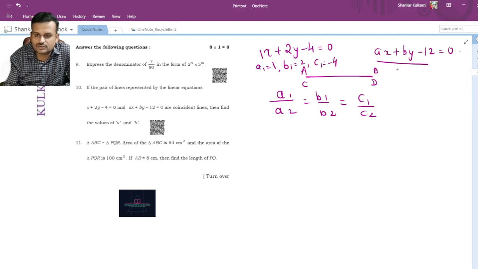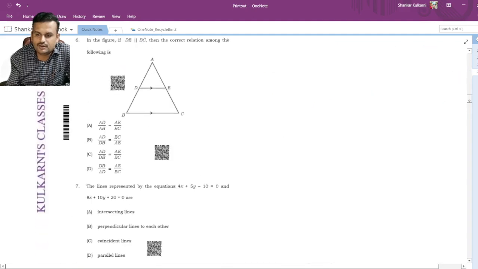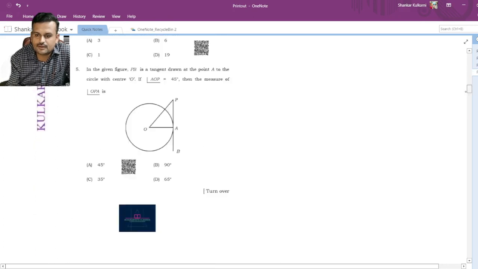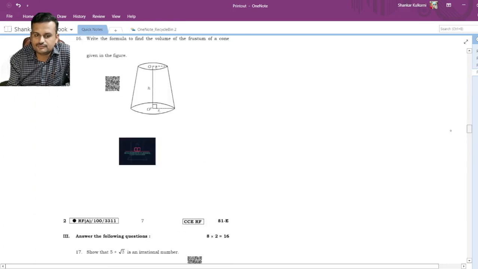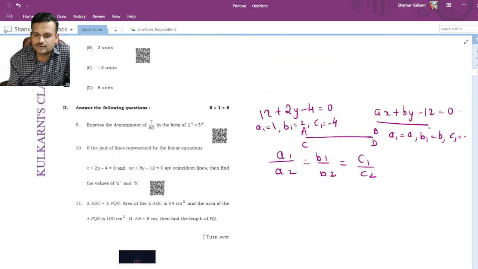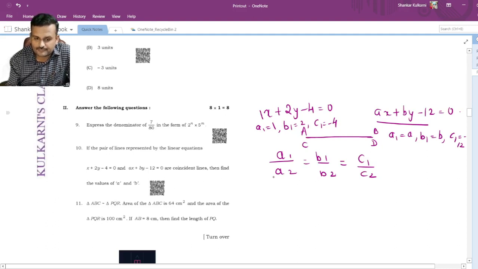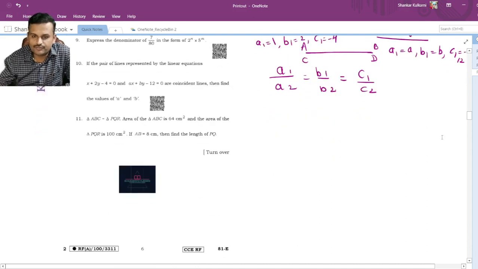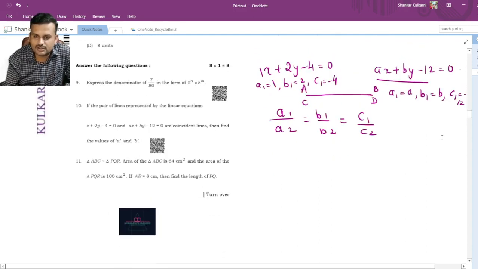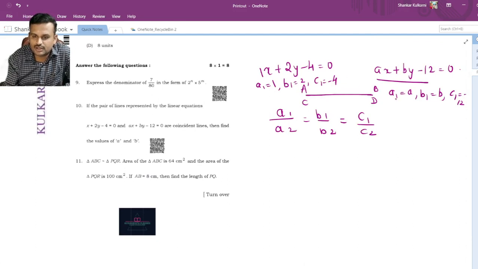And in this equation, a2 is equal to a, b2 is equal to b, and c2 is equal to minus 12. So observe this. Now, by using this property, let us write a1 by a2 is equal to b1 by b2.